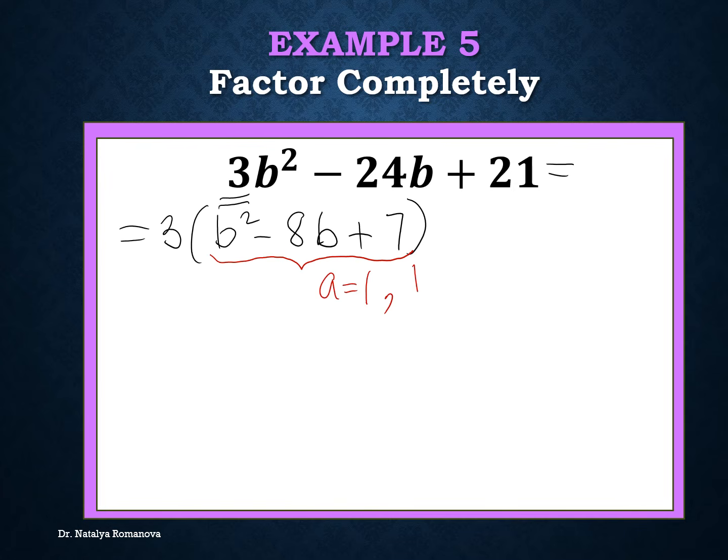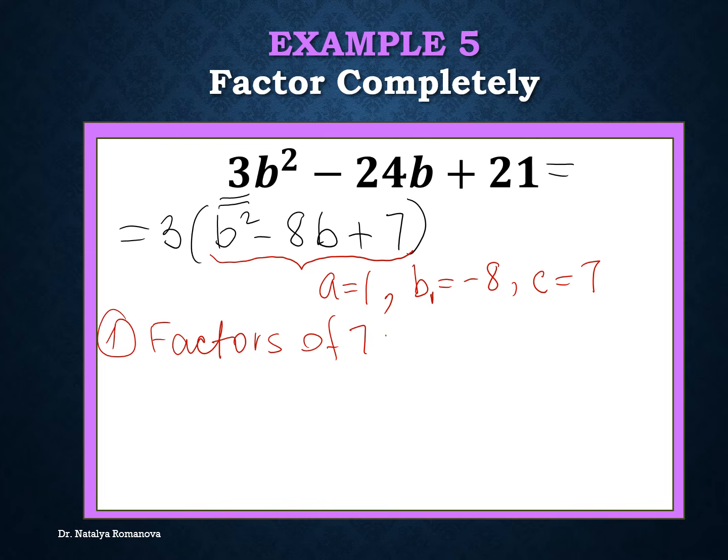Now coefficient b equals negative 8, and c equals 7. So now step 1, we have to find factors of 7. Factors of 7 would be 1, 7, and negative 1, negative 7.